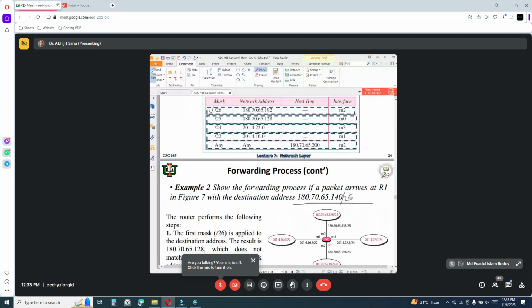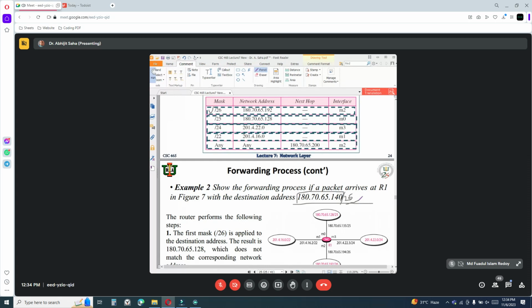We know that in a block the first address is the network address. To calculate this, you convert this IP address to binary, and /26 means the first 26 bits are 1 and the rest of the bits are 0. Then you do the AND operation to get the first address, or network address.